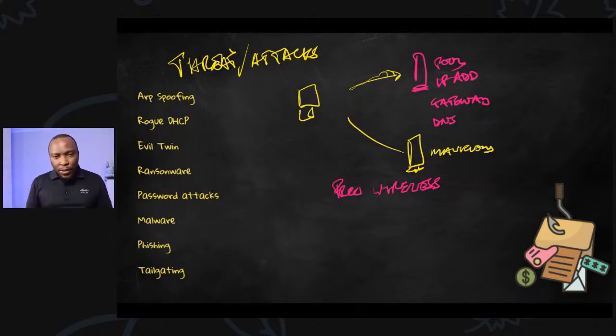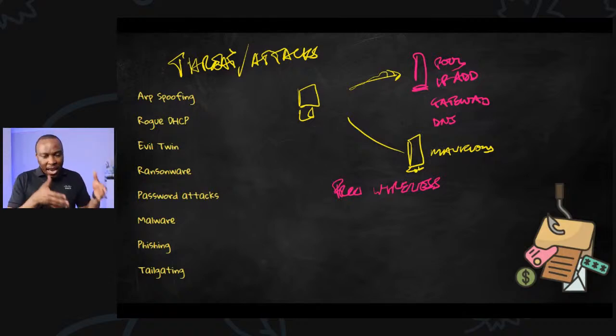And in the process, they are then able to eavesdrop on your conversation, which is why they always say that if you're going to be using public Wi-Fi, never log into banking accounts or accounts that are confidential, because there's a very high possibility that someone might be listening to that particular traffic.